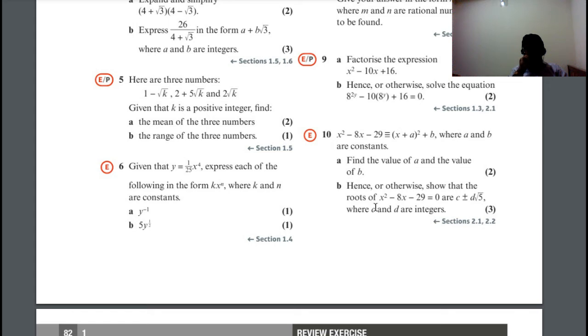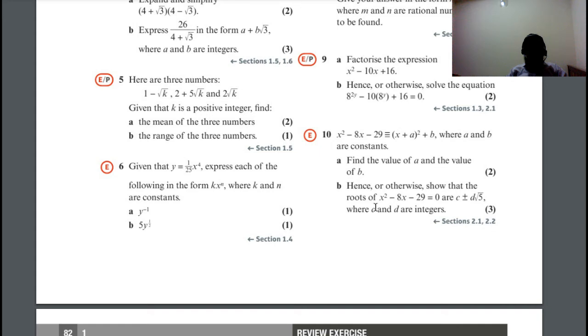It's b squared, so it's 64. 64 plus 116 is what, sir? 180. Root 180 is 6 root 5. And so 8 plus minus 6 root 5 divided by 2 will become 4 plus minus 3 root 5.